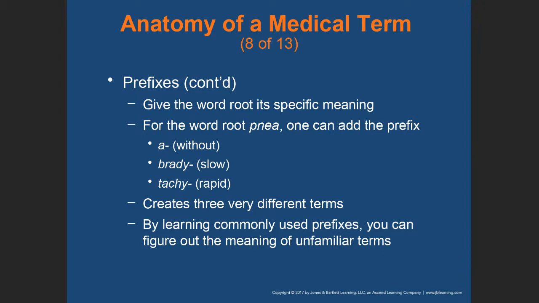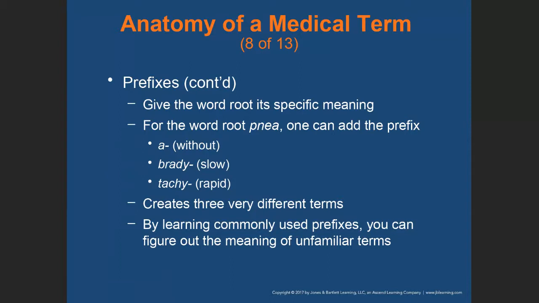So if we add a, which is without, it becomes apnea. Apnea means without breathing or no breathing. That's what the term apnea means. If we add the prefix brady, brady means slow. If we add that to pnea, it becomes bradypnea. Bradypnea means slow breathing.